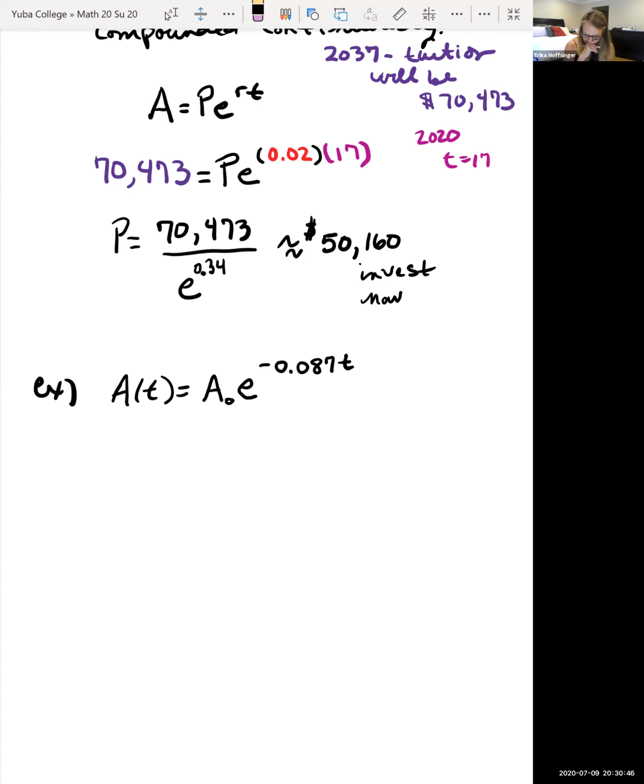So we have A of t equals the amount of the material after t days.